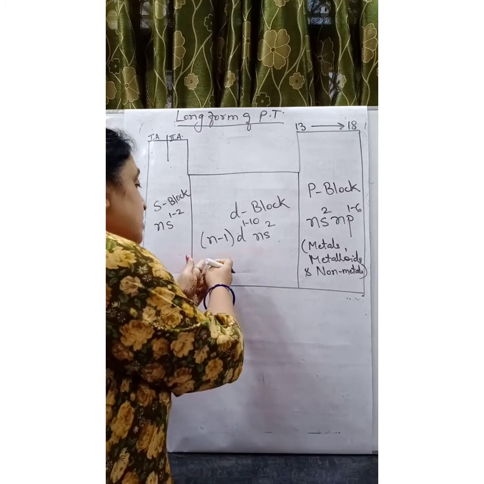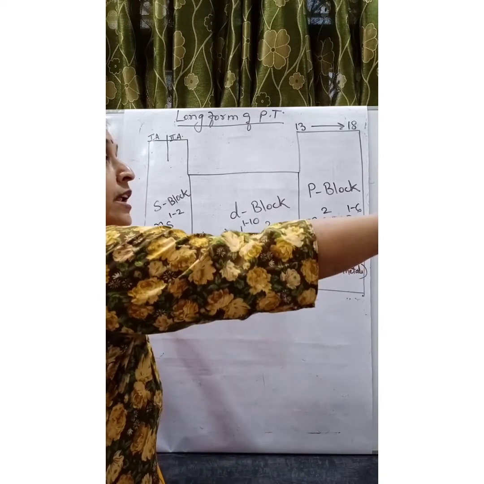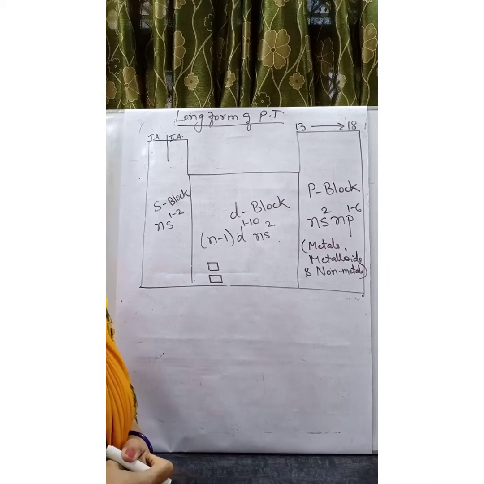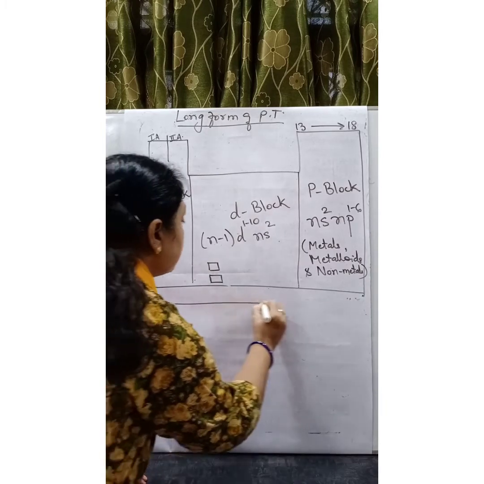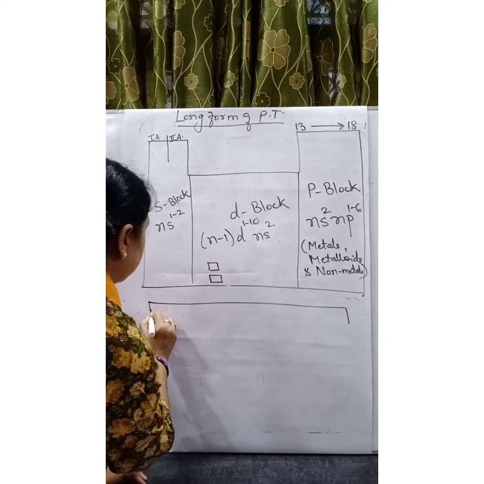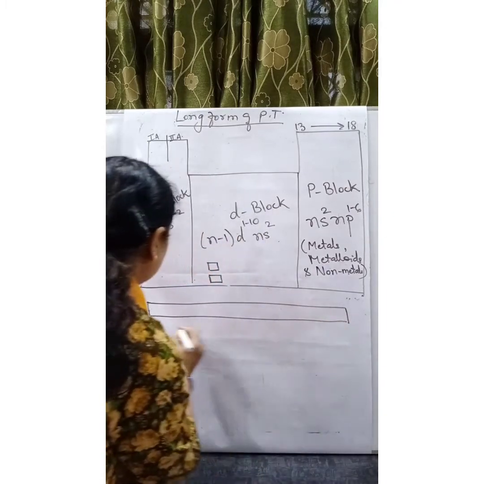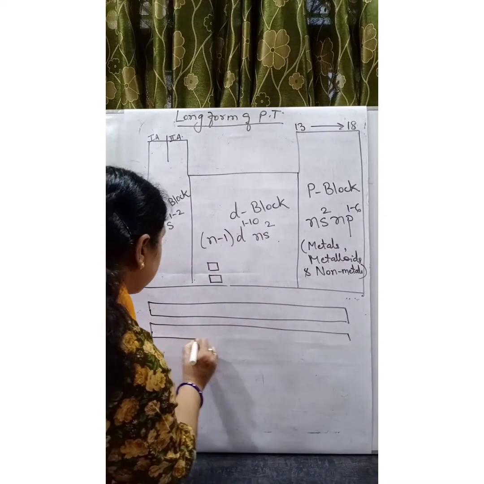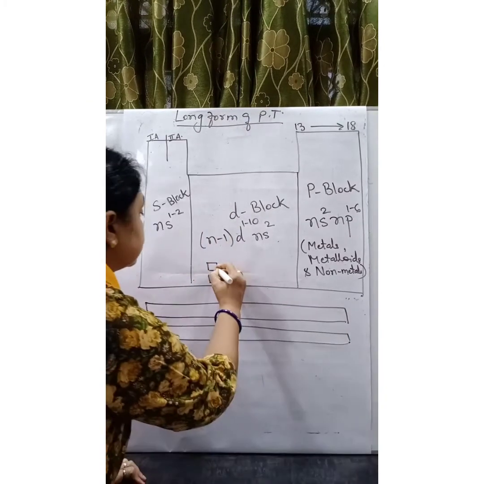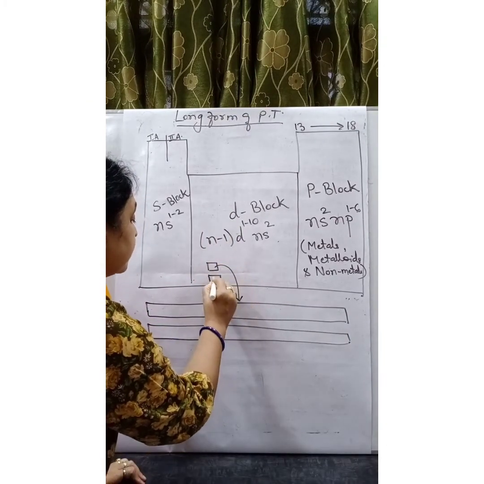So if we place all the elements here, the periodic table is going to extend sidewise and it will be difficult for us. Therefore, to place the elements having similar properties together and to avoid sidewise expansion of the periodic table, these elements were placed at the bottom.